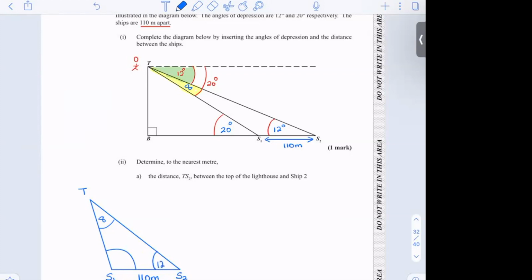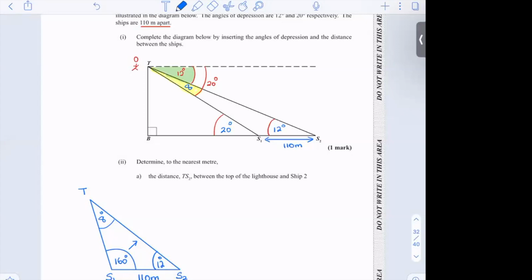Find the missing angle at S1. 180 minus 12 minus 8. Is it 60? 160. Do you all agree? Yes, ma'am. Yes, miss. So we want to find TS2.